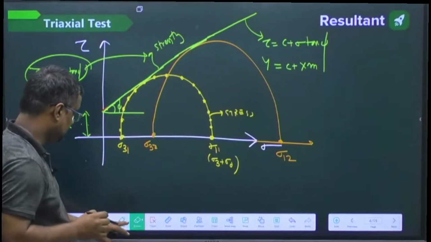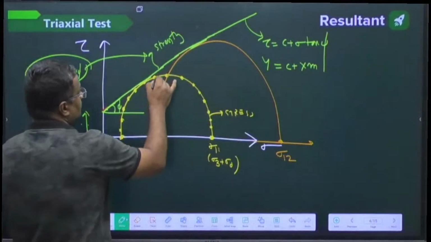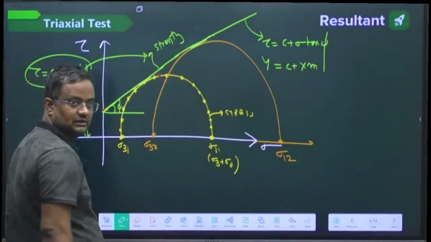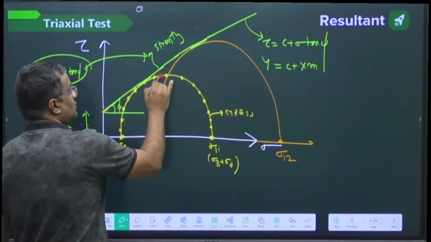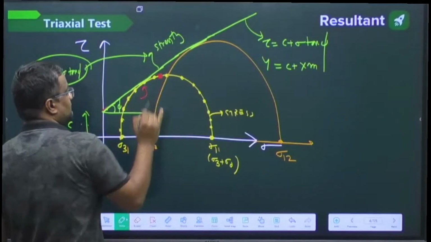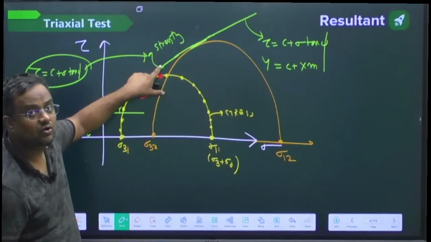Now see, the maximum shear stress will be here for the first soil, but failure is not at the maximum shear stress. Failure is here. Why? Because where there is tau max, the strength is even more.